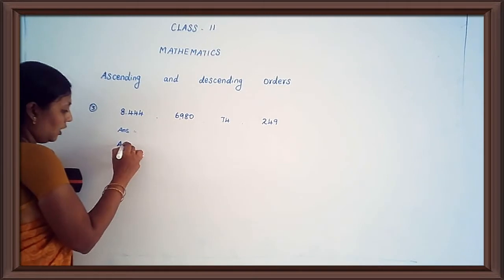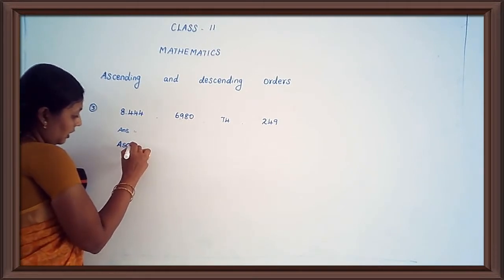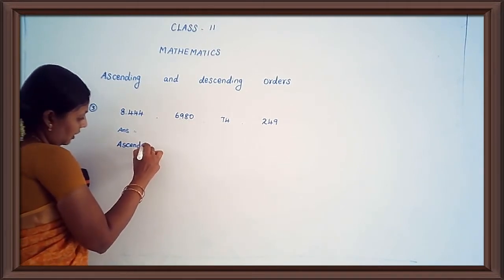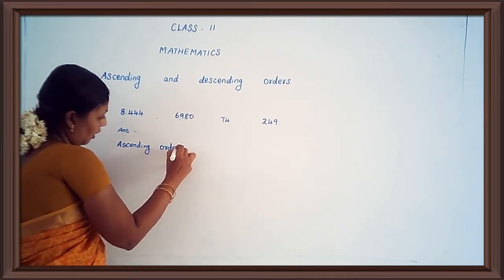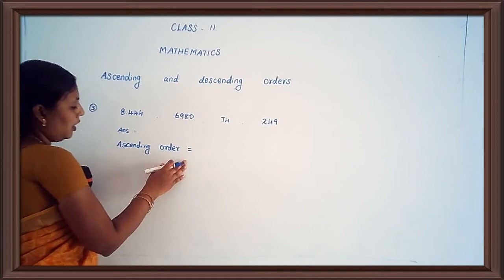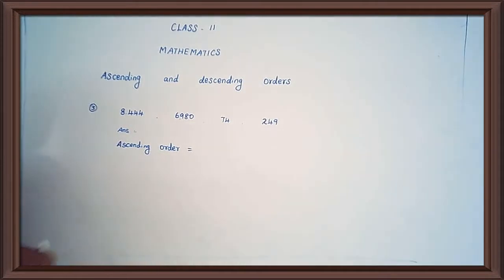What is ascending order? Ascending order. Okay, Mama. Ascending order means you have to arrange the numbers from small to big number.